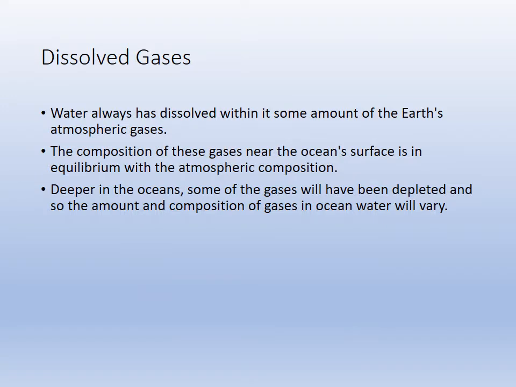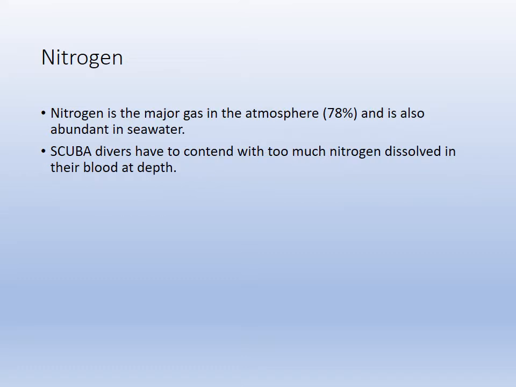The dissolved gases are important. We mentioned that oxygen is pulled from the seawater. The most common gas is nitrogen, though. Nitrogen is the most common gas in the atmosphere, and it is also the most common gas dissolved in water. Carbon dioxide is an important gas because it's used for photosynthesis as well. So like we said, nitrogen, 78%.